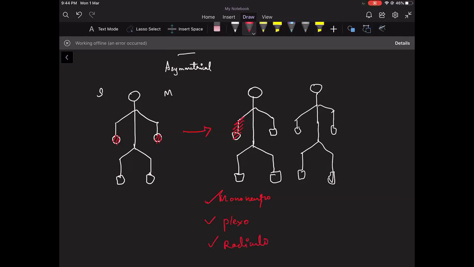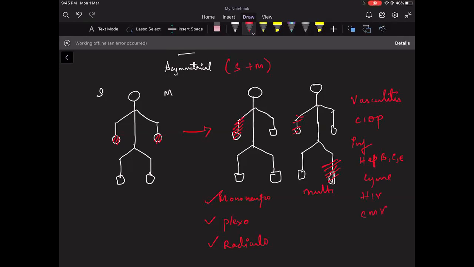Coming to the second variety, there will be asymmetrical sensory and motor involvement of multiple nerves. Here we saw only a single nerve; here multiple nerves will be involved. This variety we often see in vasculitis, in CIDP, and in infectious causes such as hepatitis B and E virus, Lyme's disease, HIV, and CMV.